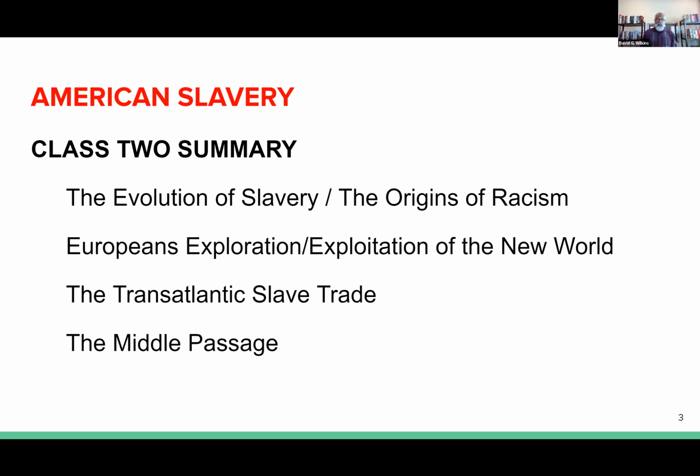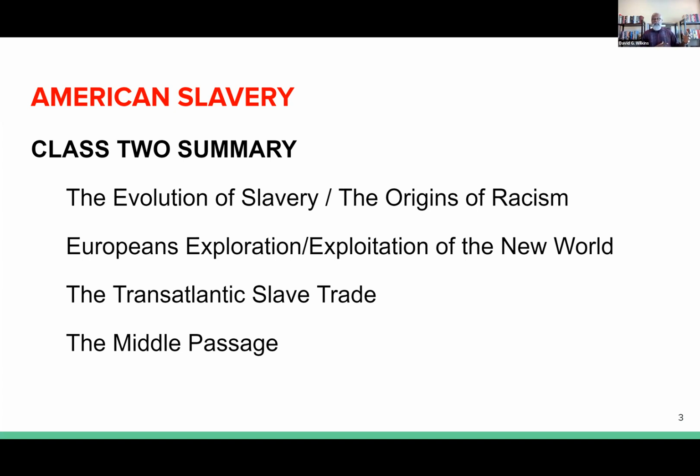Quickly moving then to the transatlantic slave trade, again, that trade that would begin on the west coast of Africa in the Iberian Peninsula and move west to the Caribbean, to again the North and Central Americas.